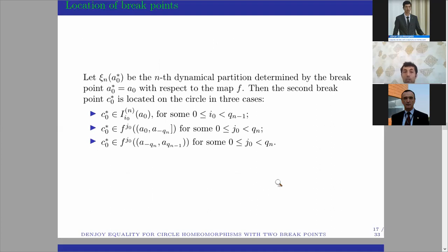Now we consider the location of the breakpoints case by case. Let C_n be the nth dynamical partition determined by the one breakpoint a0, and then the other breakpoint c0 is located on the circle in one of these three cases.